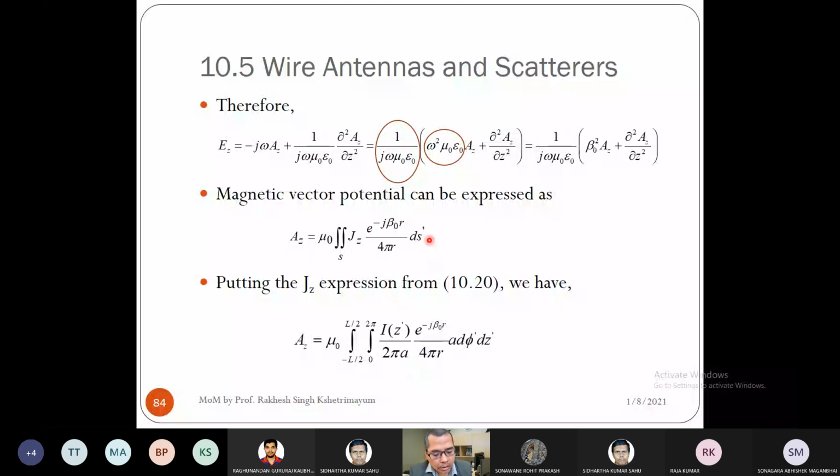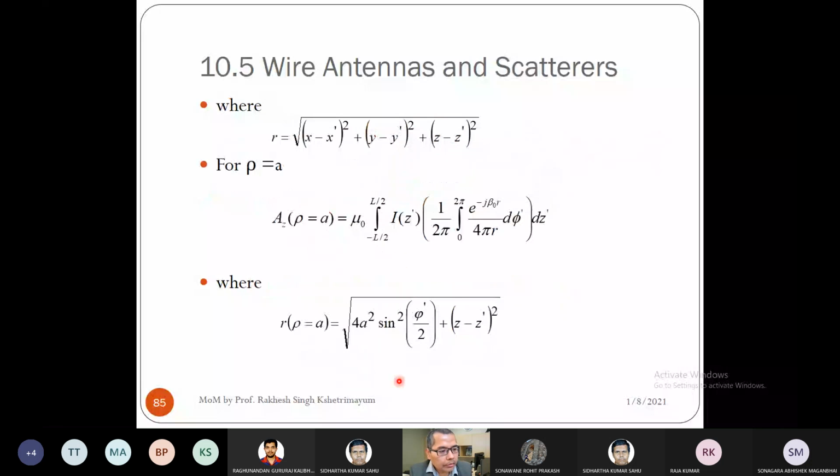So a d phi dash is over the circumference, then over the total length of the wire, which is from minus L by 2 to plus L by 2. Here you can find the distance between the source and observation. What is R here? R is the distance between the source and observation point. The unprimed coordinates are for the observation point, and the primed coordinates are for the source.